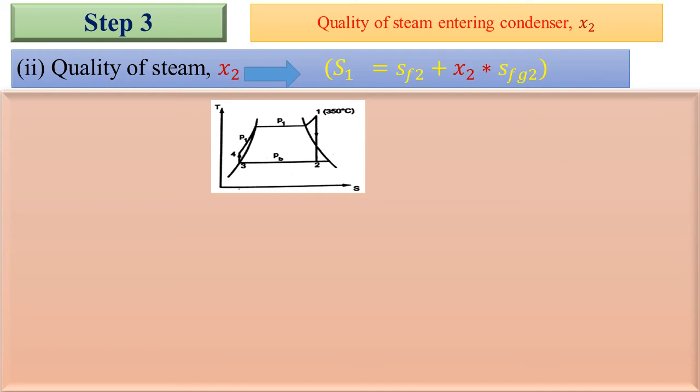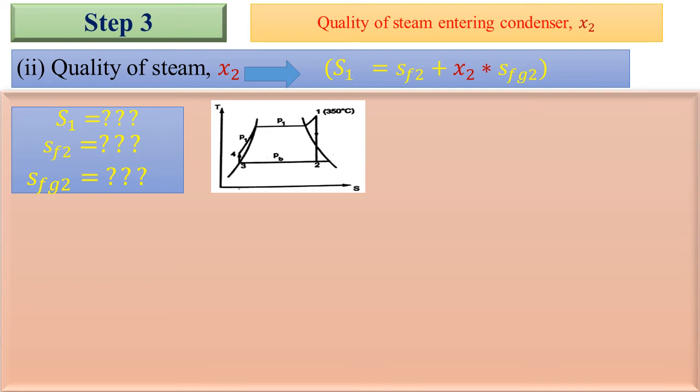But point 2 lies in a wet region, in between the saturated liquid line and the saturated vapor line, hence it will be written as SF2 plus X2 into SFG2. Therefore, to calculate the dryness fraction we need the value of S1, that is entropy at point 1, SF2, entropy of the liquid state at point 2, and SFG2, entropy of the wet mixture at point 2.